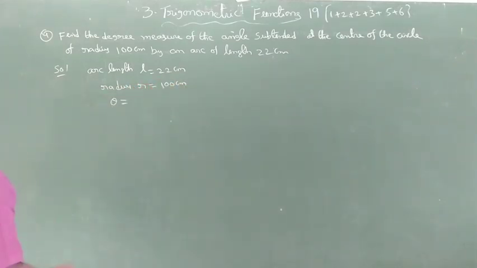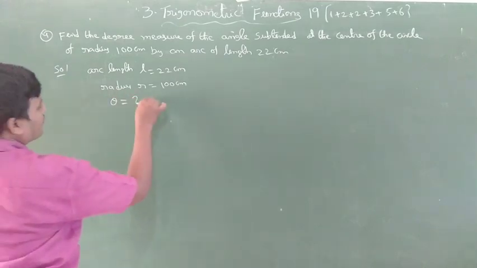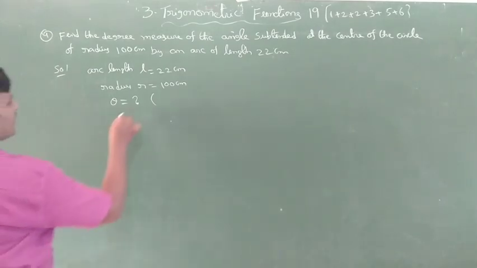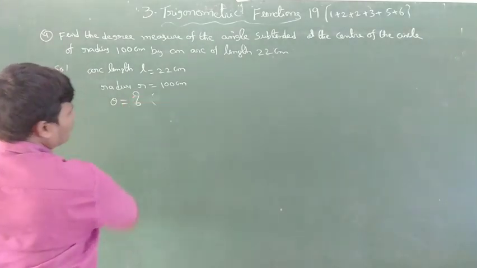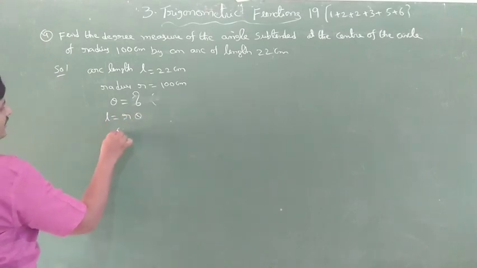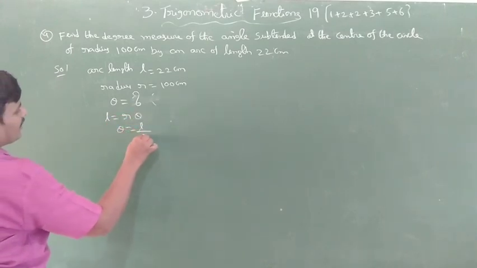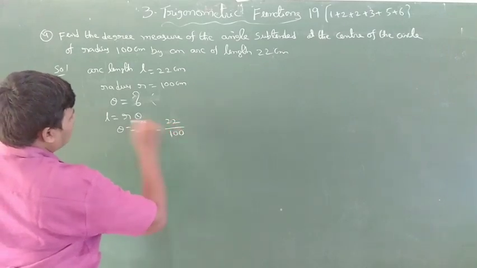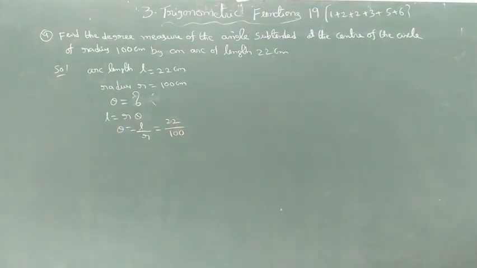Theta in degrees is equal to question mark. What is the formula? L is equal to R into theta, so theta is equal to L by R. Theta is equal to 22 by 100 radians.